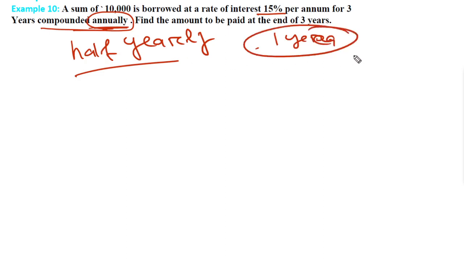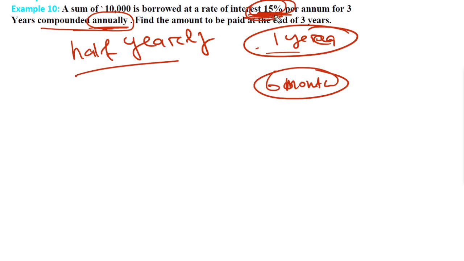That means in a year the interest charge will be 2 times and the compounding will be 2 times. Therefore, for 1 year it is 15%. Half yearly means for 6 months. Will it be 15%? No, it will be half of 15. So rate R will be equal to 15 by 2.